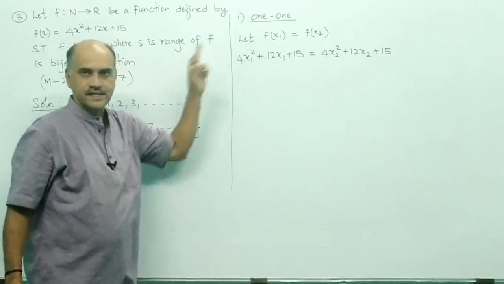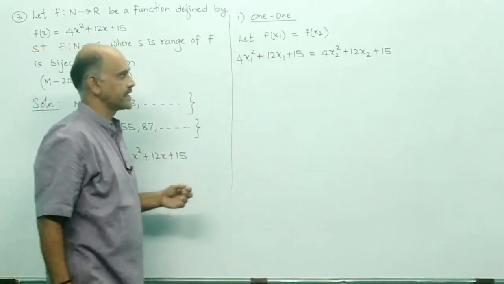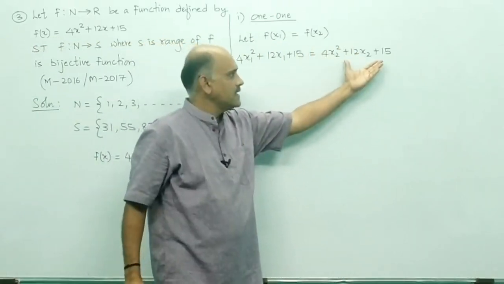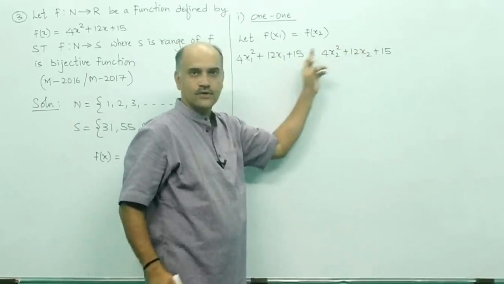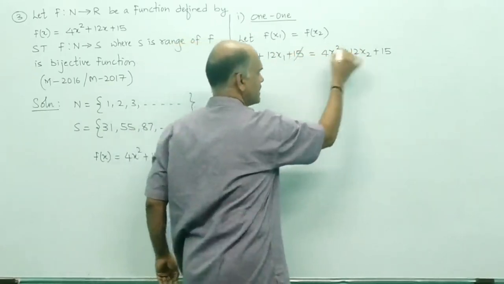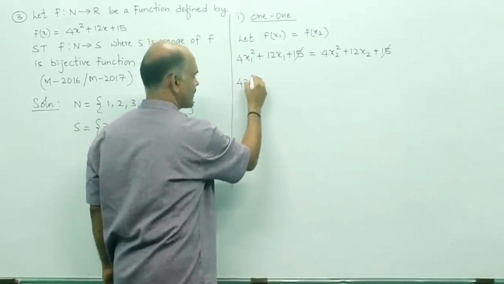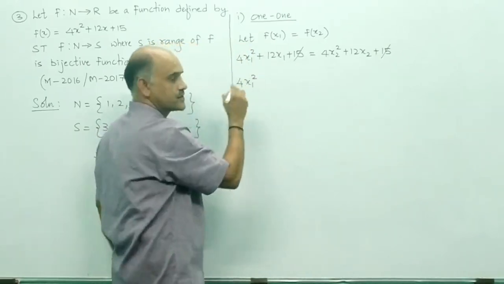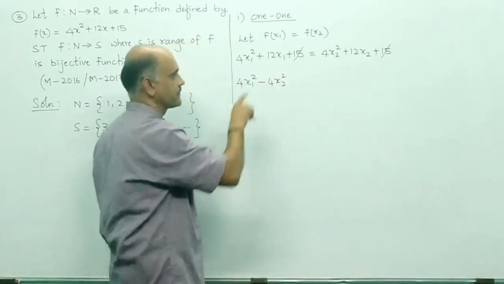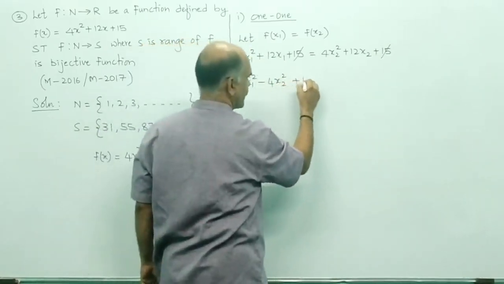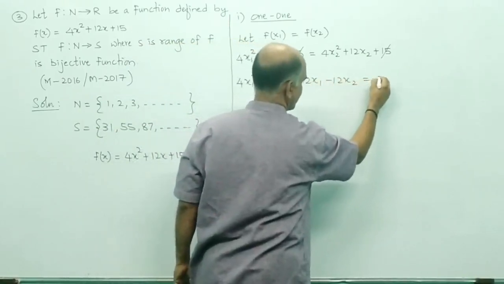So in LHS I have substituted x1, in RHS I have substituted x2. Again take all these terms to the LHS. 15 gets cancelled. So you'll have 4x1 square minus 4x2 square plus 12x1 minus 12x2 is equal to 0.